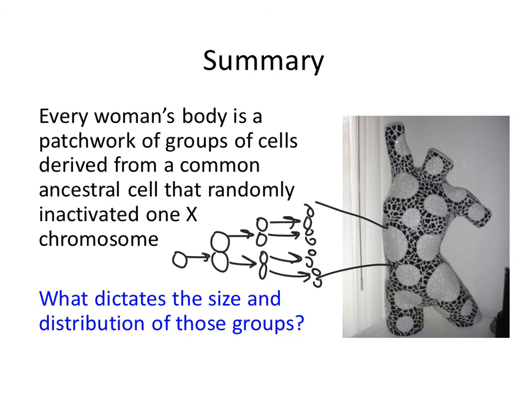So what does it tell you if you looked at this, if this was an actual individual in, say, a calico cat? What does it tell you how big these patches are, or how many patches are on the body? What does that tell you about the X chromosome inactivation process? How many cells would you estimate in this actual mosaic on the right?